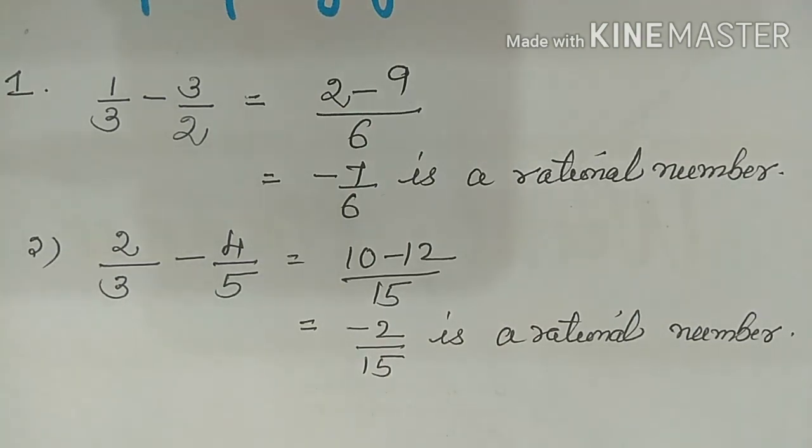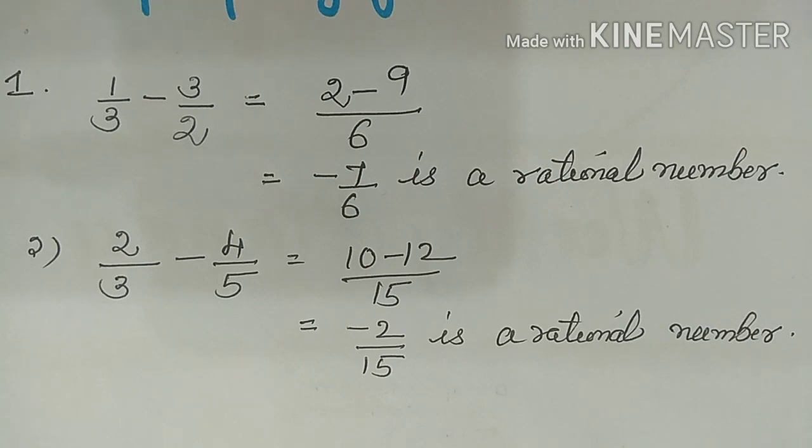What is the conclusion? That means every time you subtract 2 rational numbers, the result will always be a rational number. This is what is called closure property for subtraction for rational numbers.